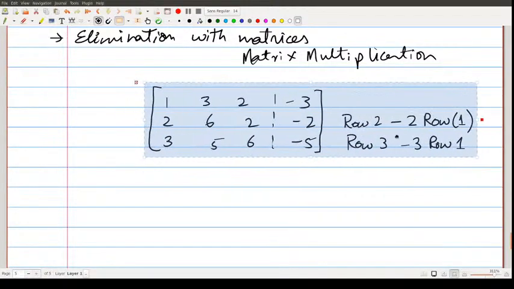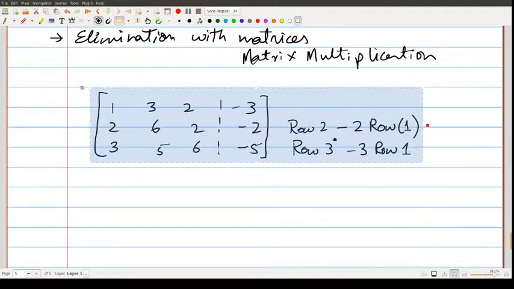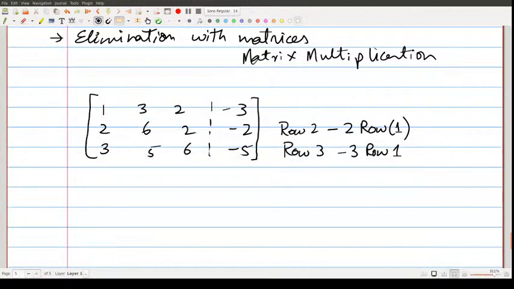Okay, so this was the system that I want to solve, and now I want to do the same thing. I want to do row 2 minus row 1, and I want to do row 3 minus 3 times row 1, and I want to do this process by finding a matrix. So let's say this was matrix A, right?